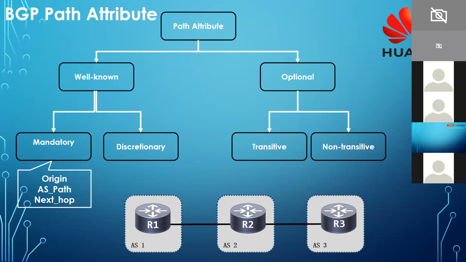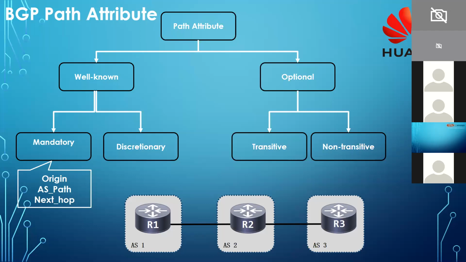But the difference between mandatory and discretionary is this: when you send an update to your peer or neighbor, with well-known mandatory you have to send this attribute in each update.